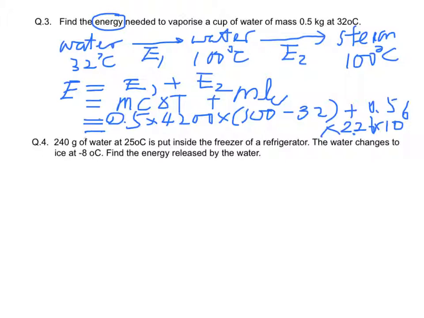The answer for E should be 1.27 times 10 to the power 6 joules.